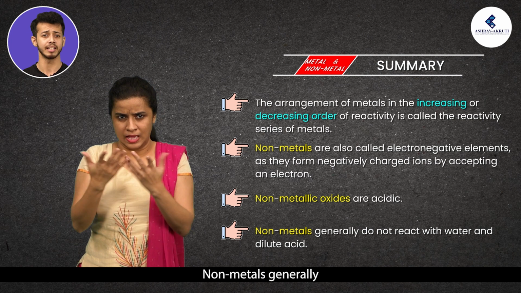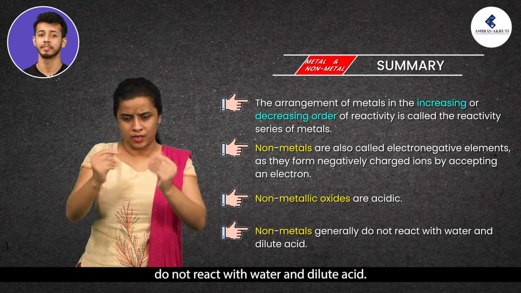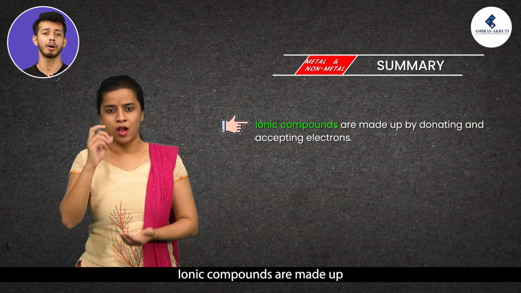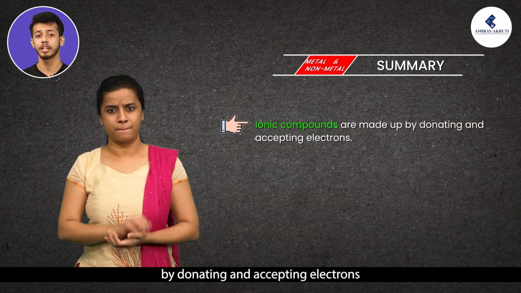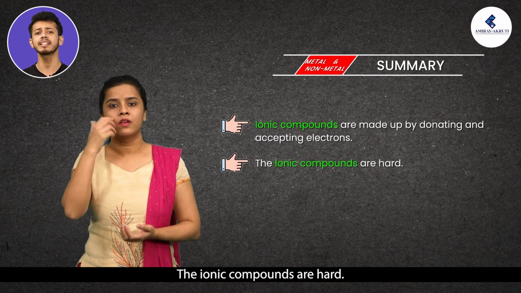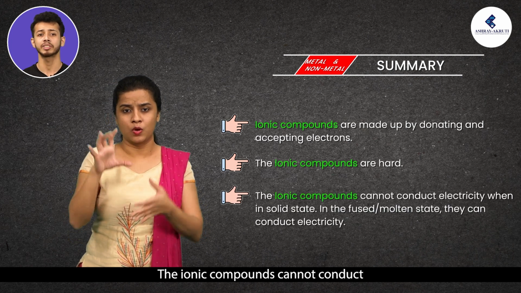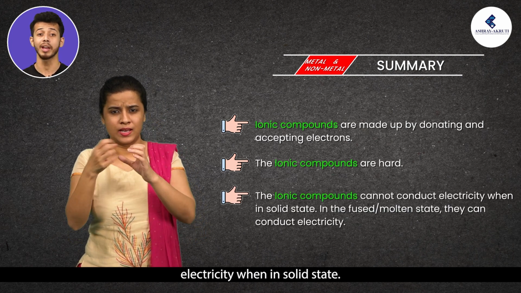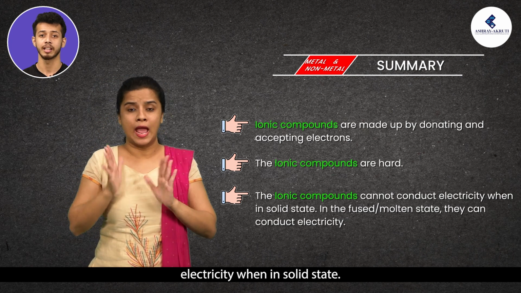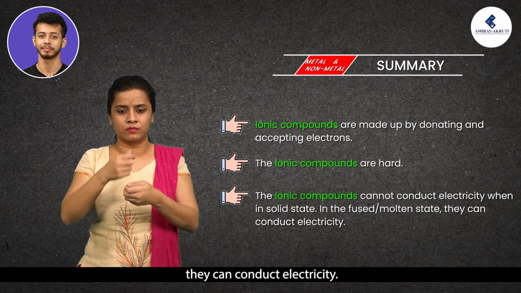Non-metals generally do not react with water and dilute acid. Ionic compounds are made up by donating and accepting electrons. The ionic compounds are hard. The ionic compounds cannot conduct electricity when in solid state. In the fused or molten state, they can conduct electricity.